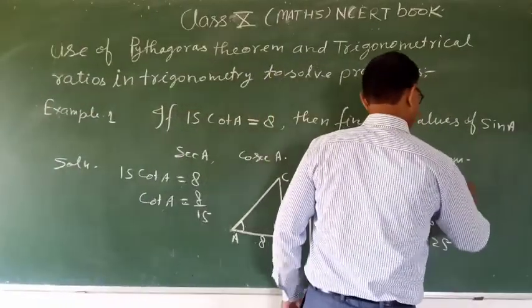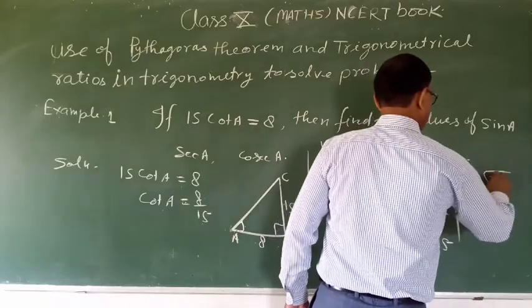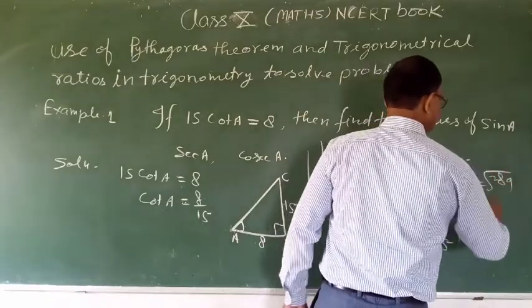We get AC is equal to the square root of 289.